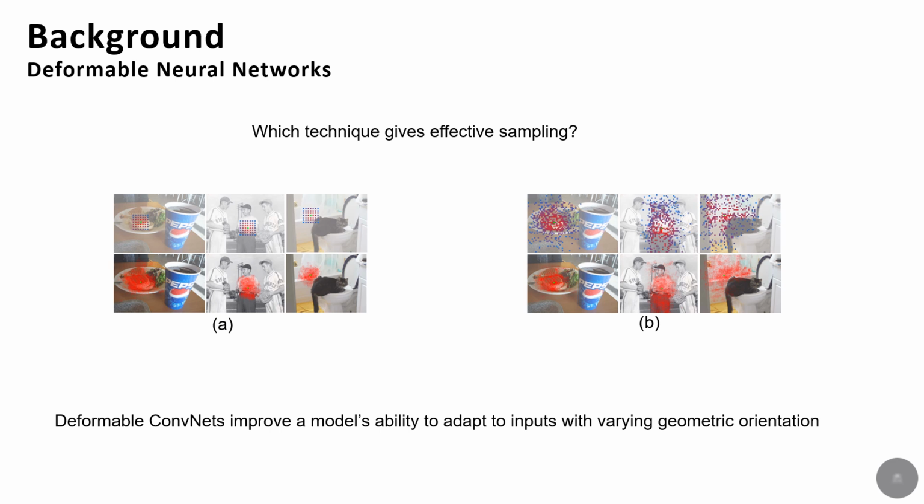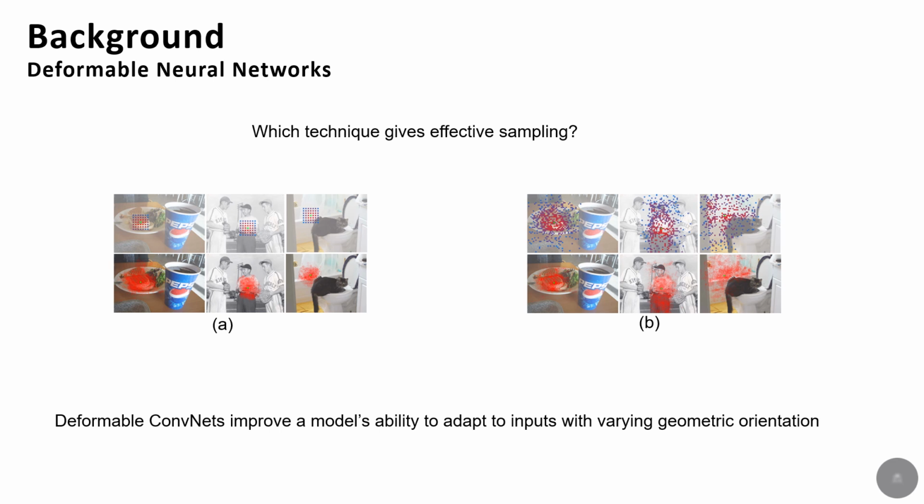Row 1 is using the fixed receptive fields or fixed kernels, and the below row, that's row 2, is using the adaptive receptive fields, in other words deformed convolutions.